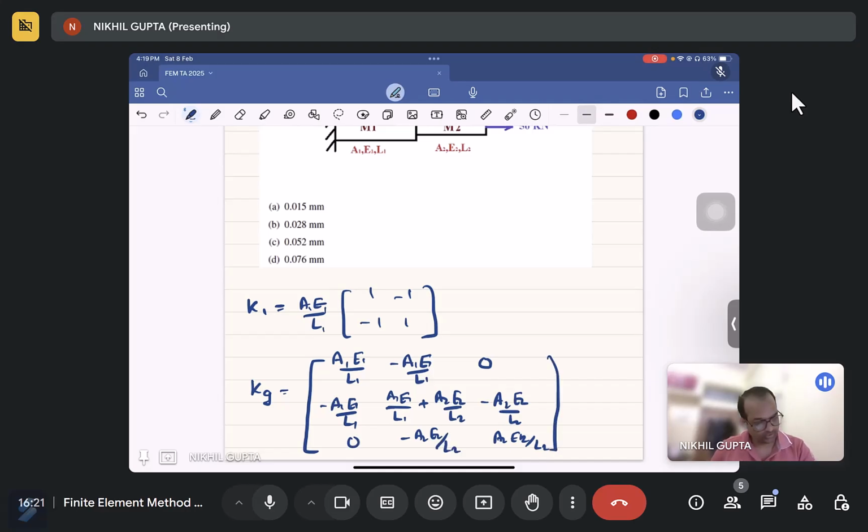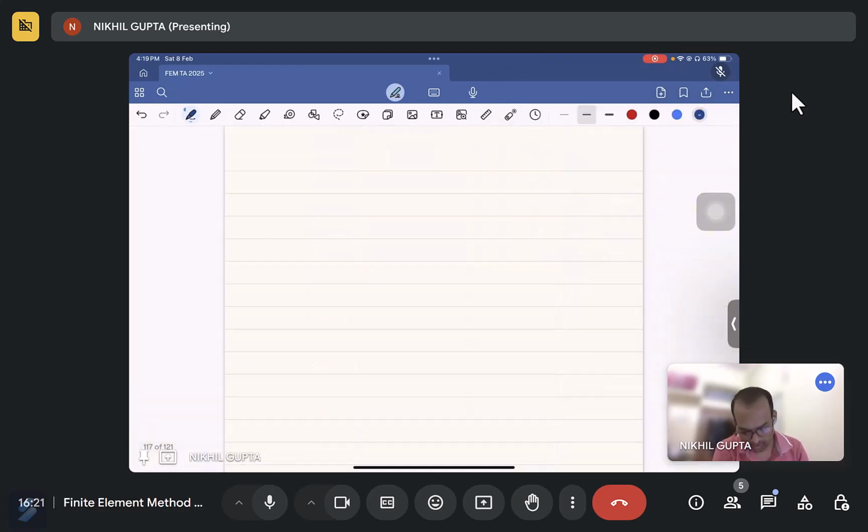When you substitute the values, you will get the K matrix as 198.4 times 10^5, 0, and minus 78.4 times 10^5, then 78.4, and 49.